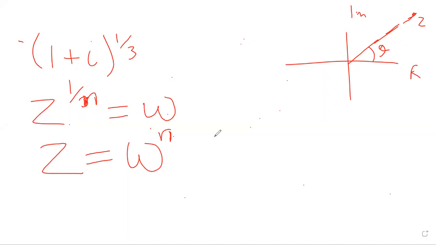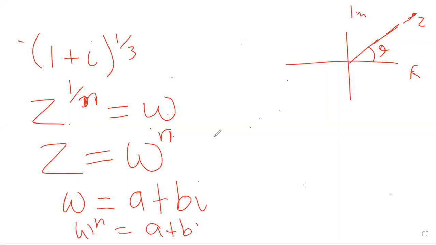Since w is a complex number, we can write w as a plus b i. That means that w to the power n is a plus b i to the power n.